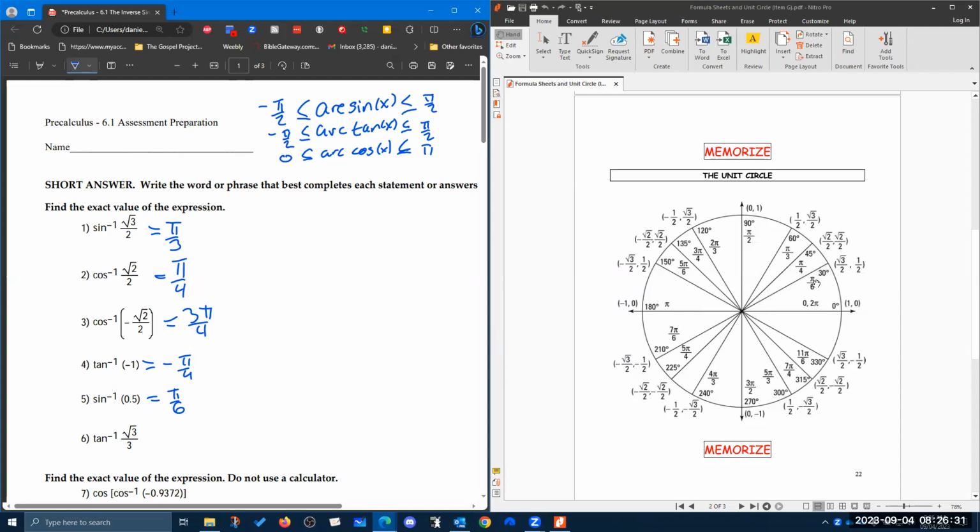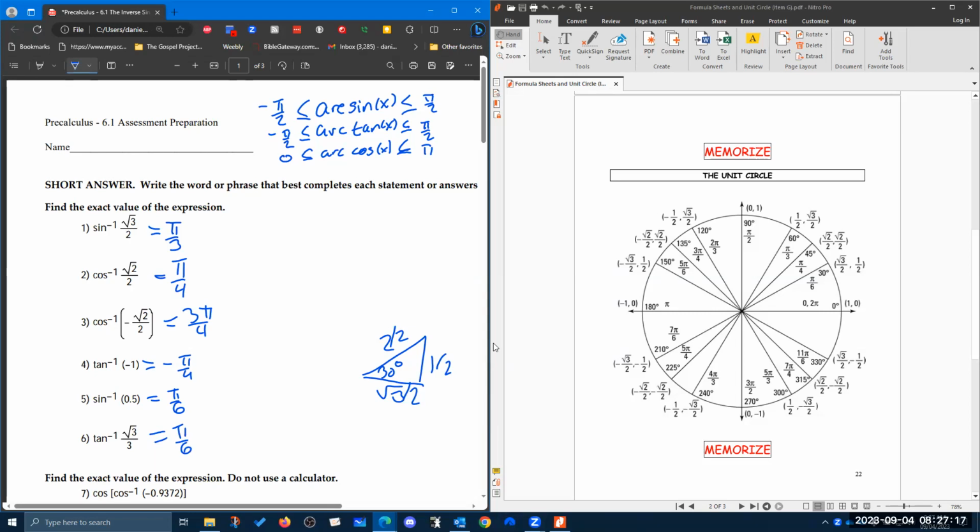So this is my 30-degree angle here in my special right triangle. All of these things got divided by 2 in my unit circle, which is why I don't easily see that ratio. But it is this one right here, 1 over √3 changes to √3/3. So this again is pi over 6.